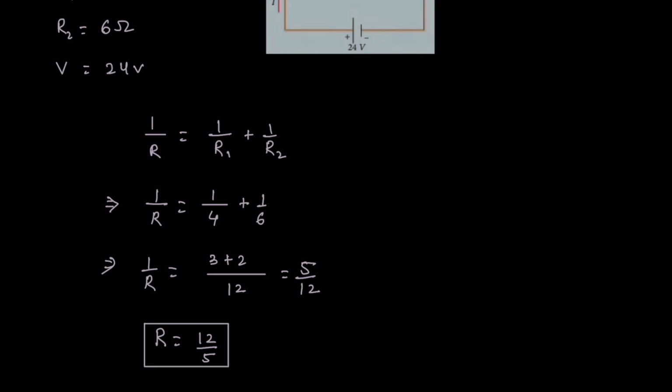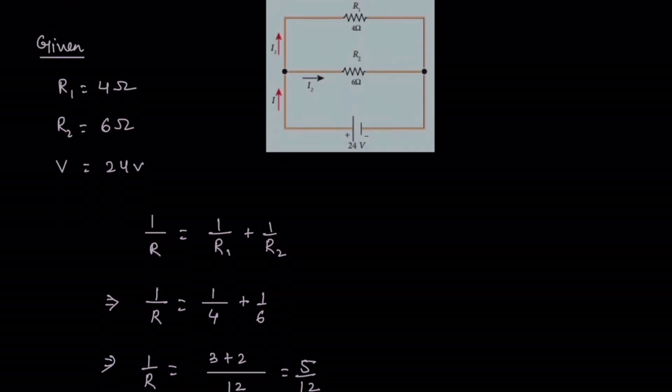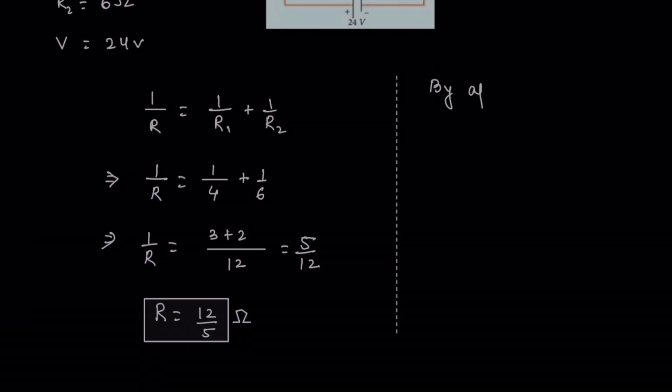Sometimes students make a mistake. Whenever you get the value of 1 by R, you have to take the reciprocal of it. So this is the answer for the first part. In the second part, we need to find the current. We have the total resistance and the total voltage, so we can find I by applying Ohm's law.